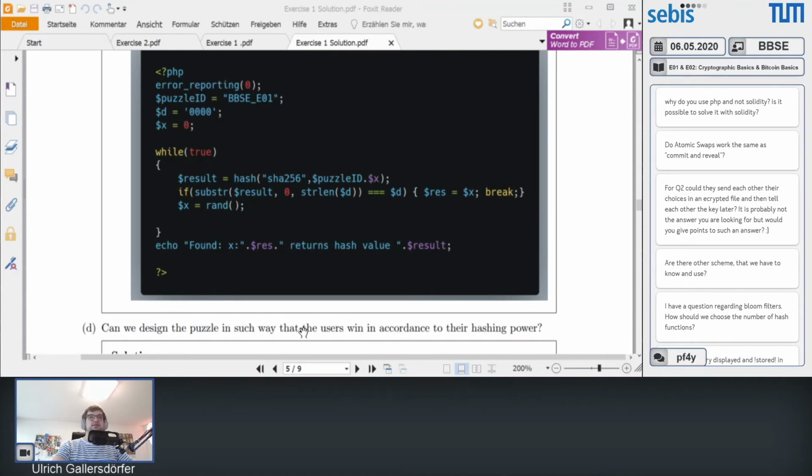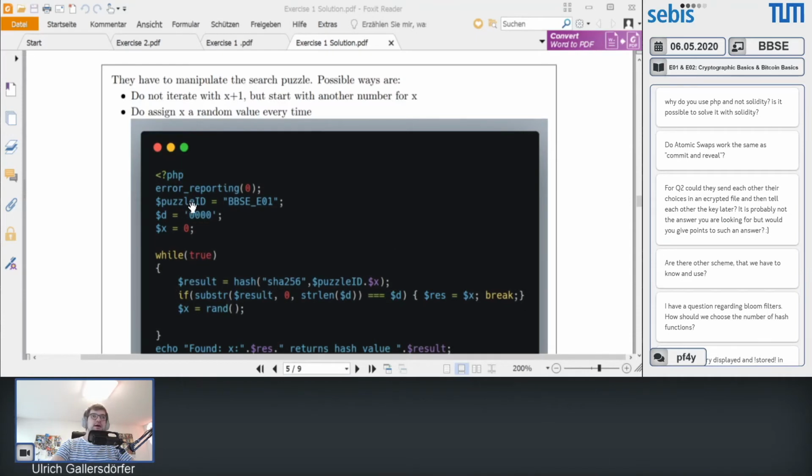Can we design the puzzle in such a way that the users win in accordance to their hashing power? Now it's not the user who's responsible for that, but the game designer, so to say. And we can do that. It's not that difficult, because we just introduce an additional variable. We had the puzzle ID, we had the x, and now we can attribute a user-specific variable, for example, the ID or the name of the player.